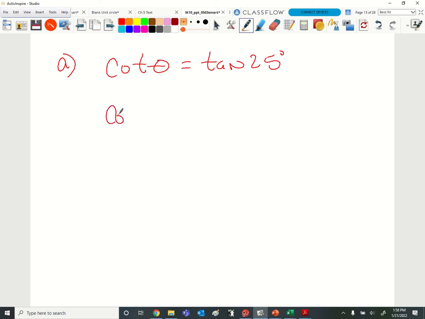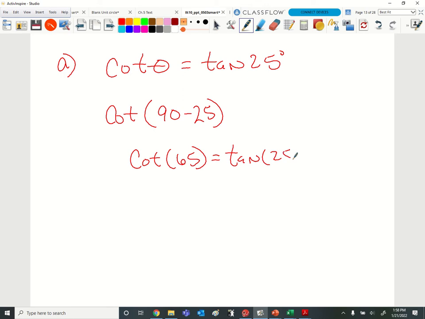It's going to be cotangent of 90 minus what? 25, isn't it? Yes. So what is 90 minus 25? 65, isn't it? So cotangent of 65 is equal to tangent of 25.